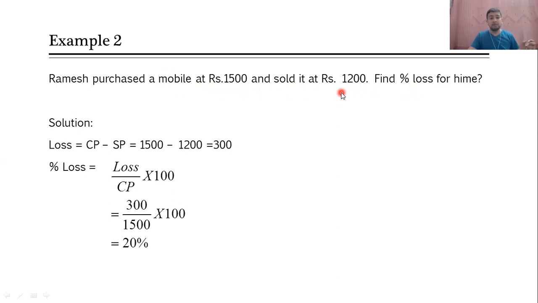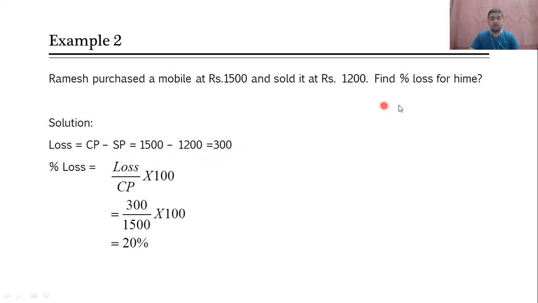That means Ramesh purchased a mobile at a higher cost, but he is not able to sell it at a higher cost. So he is bearing a loss. He is selling that mobile at rupees 1200. You have to find out percentage loss. So loss will be cost price minus selling price. So 1500 minus 1200, it will be 300.